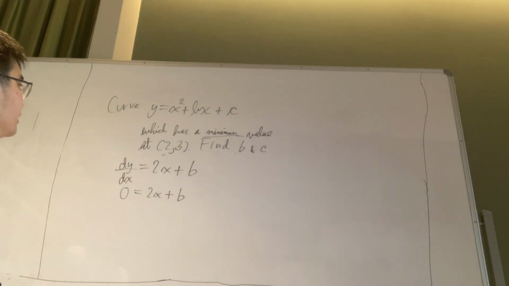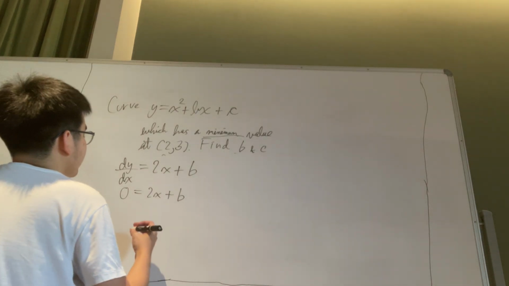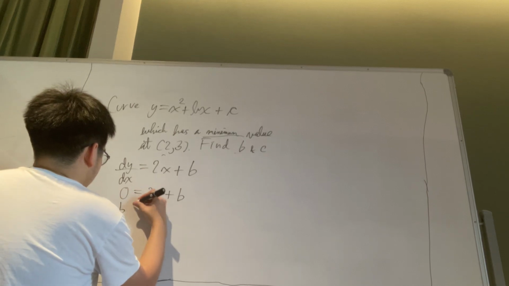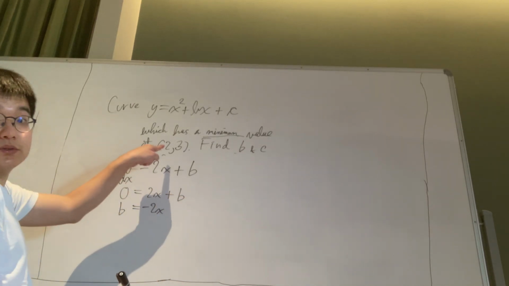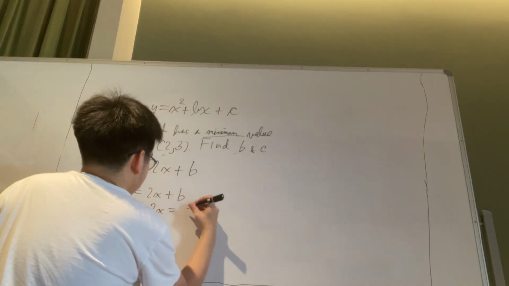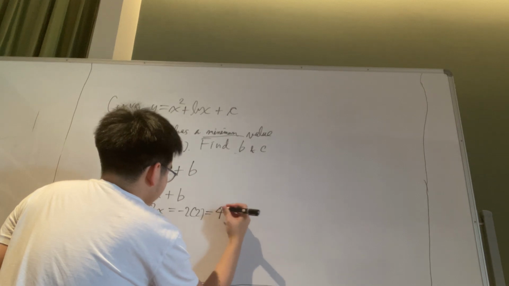Okay, so then we solve for b, which becomes minus 2x, and we're given that the x coordinate is 2, so that's minus 2 times 2, which is minus 4.